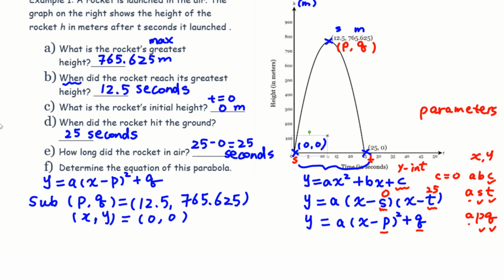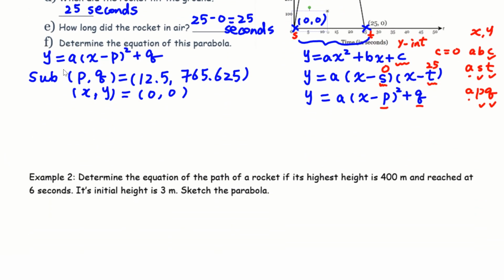Now we have 4 things given, so we can substitute in and solve for a. So 0 equals a times, with x being 0, p being 12.5, and q being 765.625. Then we have only one unknown.